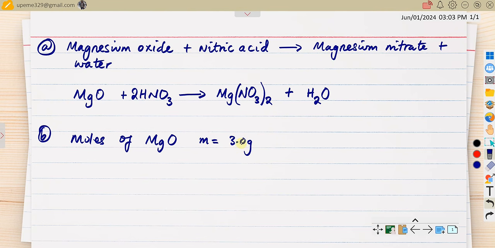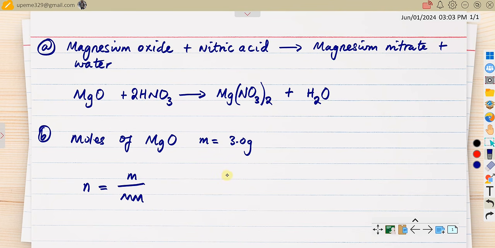Given this, we can find the moles using this formula, which you don't need to forget. The formula is n, which is the number of moles, equals mass given over the molar mass of magnesium oxide. So this is the mass, and this one is the molar mass of magnesium oxide, which I'm going to show you how to find.